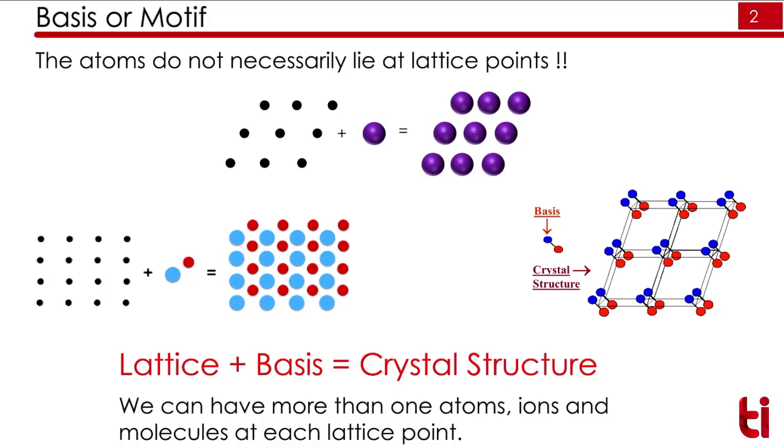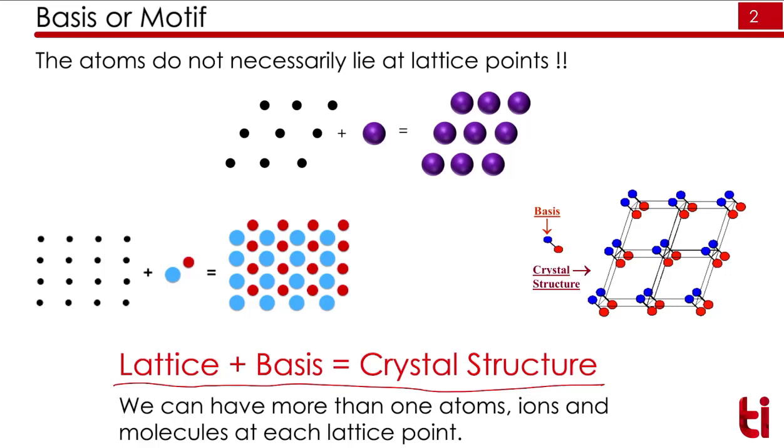So if we put a lattice point and if we put atoms into that lattice point, we will get a crystal structure. So the definition of crystal structure is lattice plus basis is equal to crystal structure. Basis is nothing but the number of atoms per lattice point.